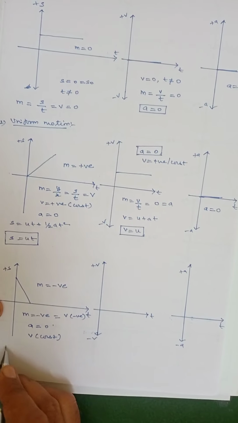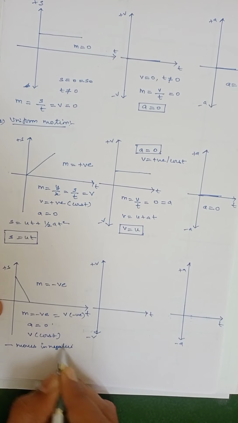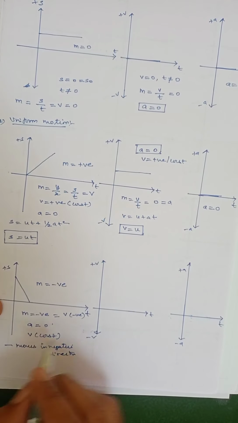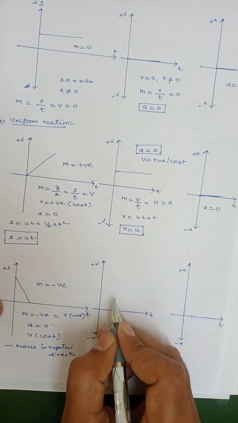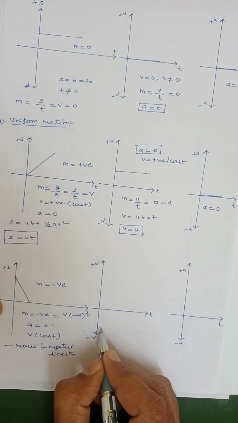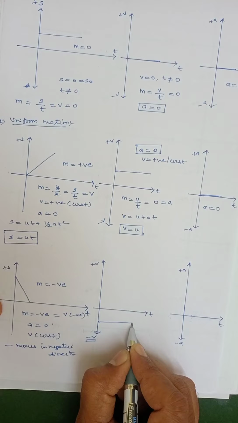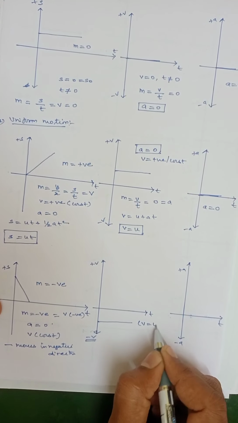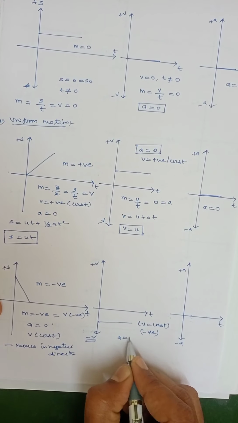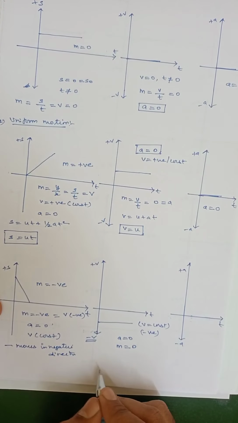the particle moves in negative direction. Here come to this velocity time graph, here where a equal to 0 in negative v direction, hence v equal to constant in negative direction, where a equal to 0 or m equal to 0.